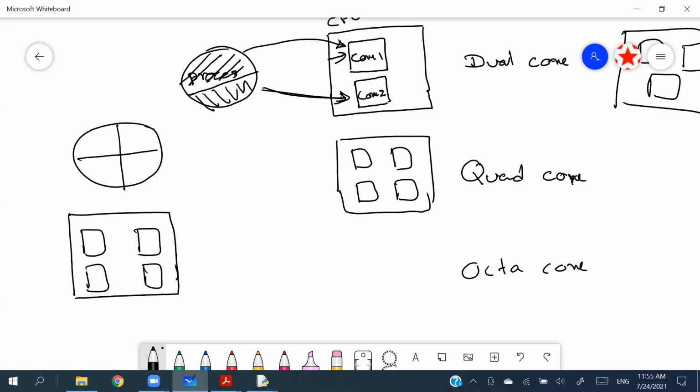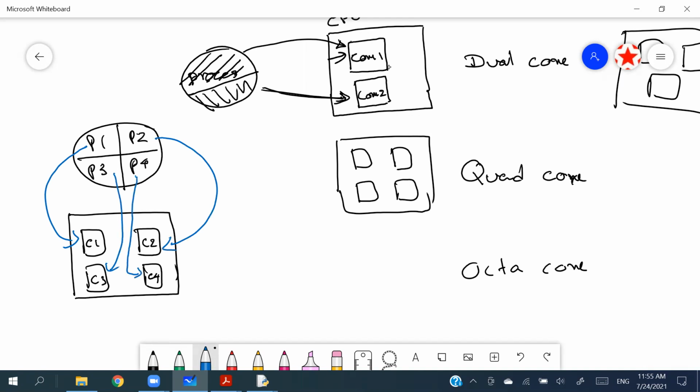So it is P1, P2, P3, and P4. Those are the processes, and I'm giving the parts to these cores to execute. So this is a CPU, right?